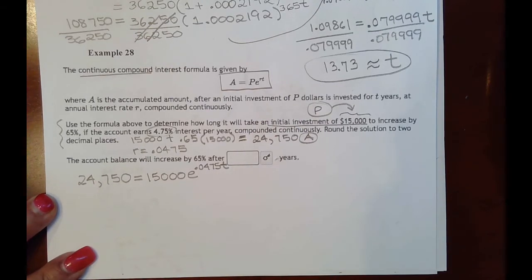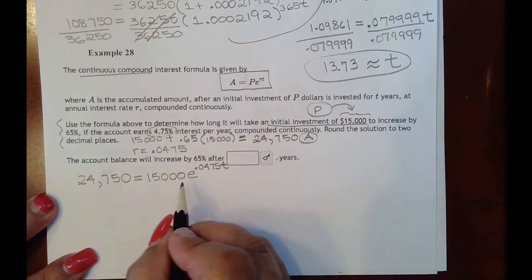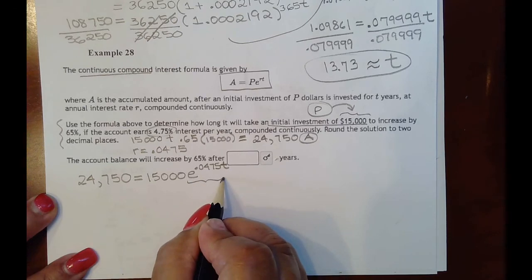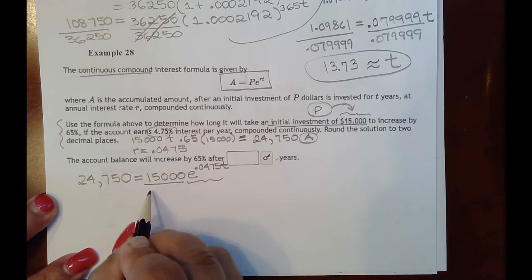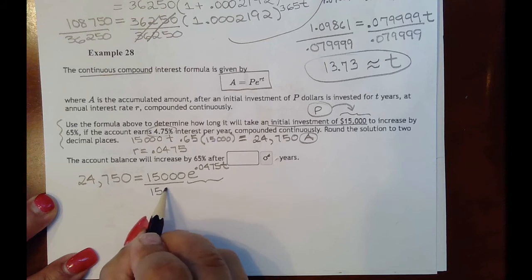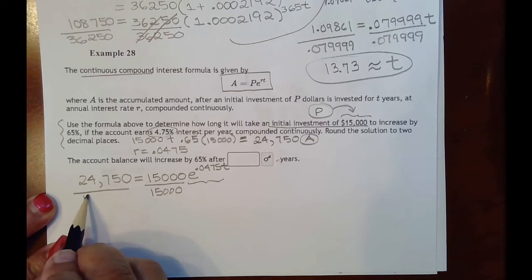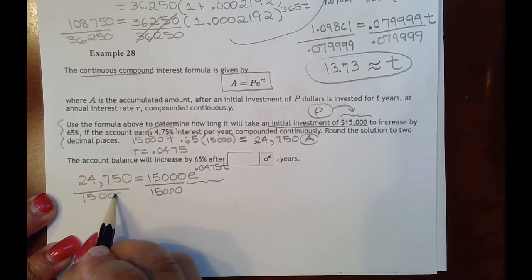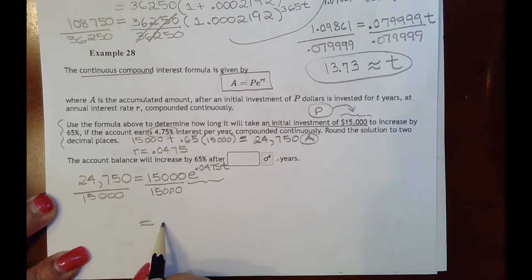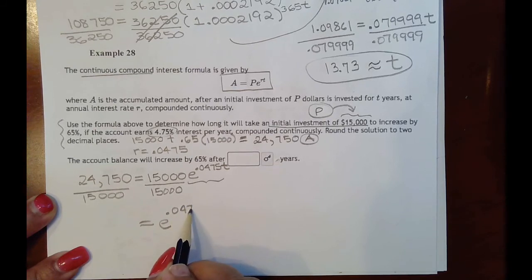So now you're solving once again for t, which is up in the exponential position, and you're going to need logs to take care of that. As commented in the last few problems, this base and exponent need to be isolated. Therefore, this coefficient of 15,000, you're going to divide that right off of there. Likewise on the other side. So you're going to have the base and the exponent isolated.